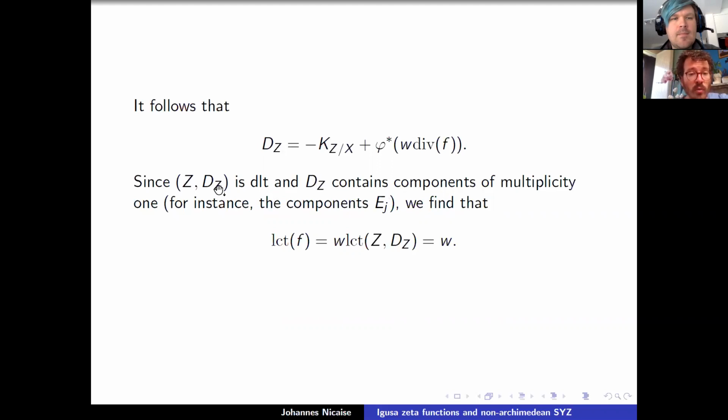They come from the strict transform of D_Z. So each of these will contribute nu over n equal to 1. This means that the log canonical threshold is at most equal to 1. And so we have two inequalities in opposite directions, and we get that the log canonical threshold is equal to 1. Is that an answer? Yeah.